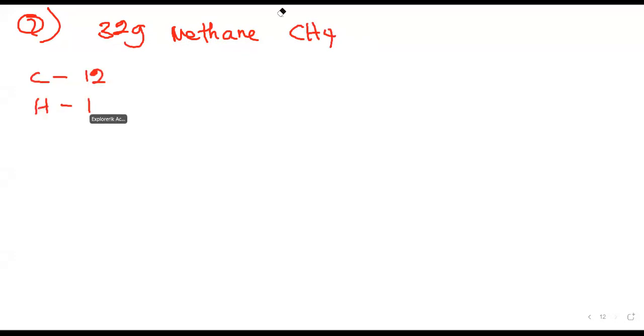Hydrogen's relative atomic mass, that is 1. Okay. 32 grams of methane was dissolved in 250 centimeter cubes of water. Find the concentration of the solution. Take a time and do the math.